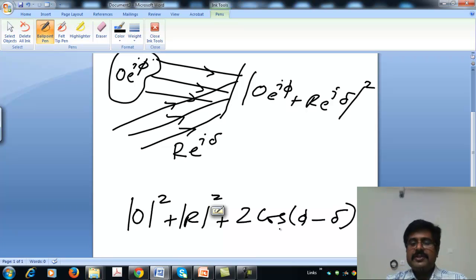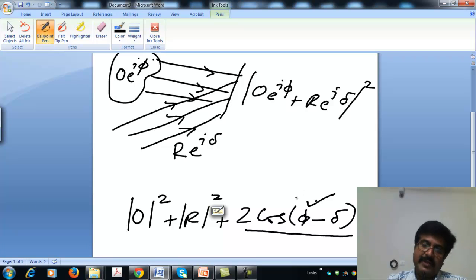So the fringe modulation is a function of this, which contains the phase information. Somehow we are able to retrieve this object wave phase. We can get back the 3D information.